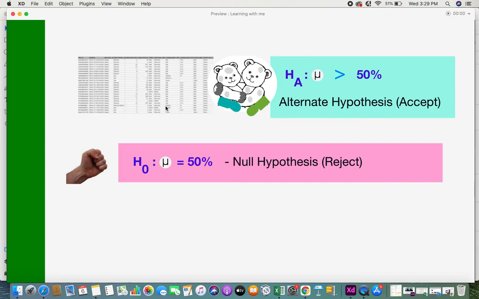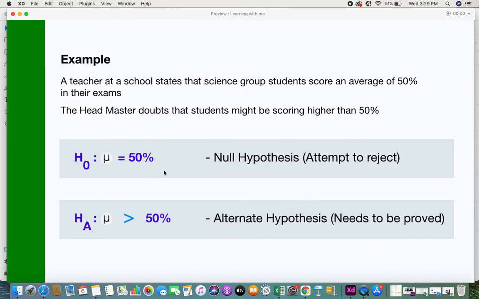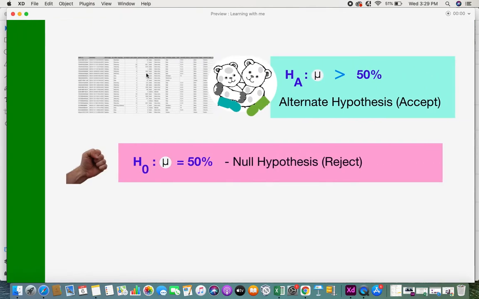When you have your data in hand, if after analysis it supports this particular hypothesis, say in our problem the alternate hypothesis stating that the students will score greater than 50%, and the data proves that yes, the students have scored above 50%, then the alternate hypothesis is true, and therefore what the teacher had said was false. So you will accept the alternate hypothesis and reject the null hypothesis. This is about your significance level.